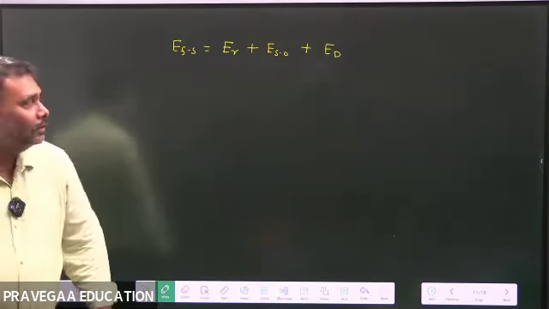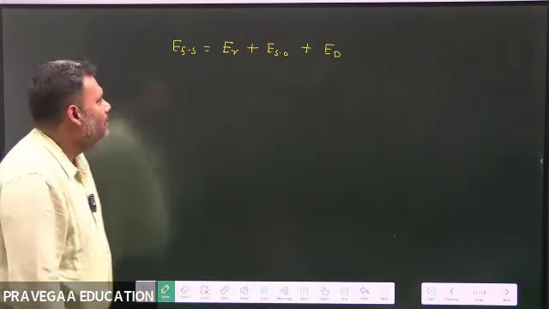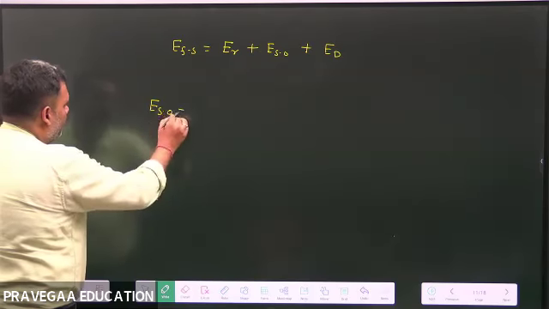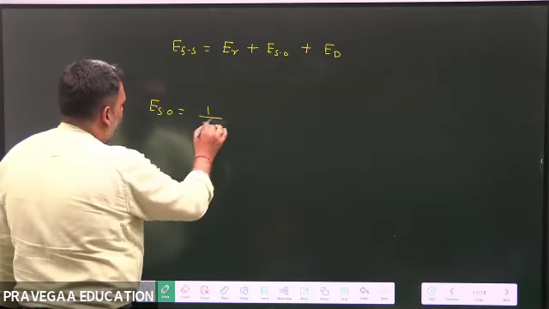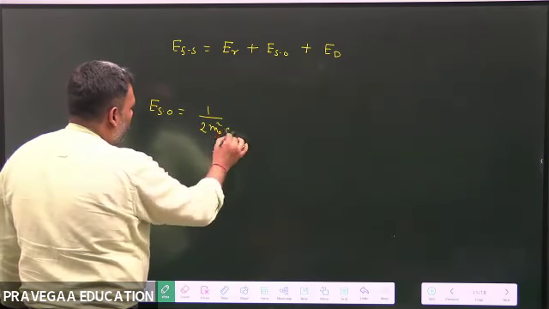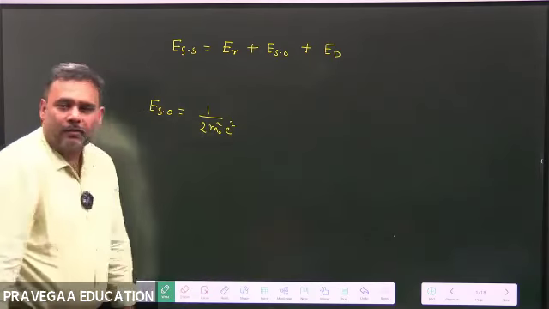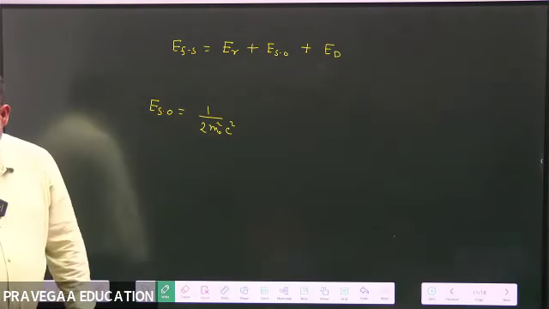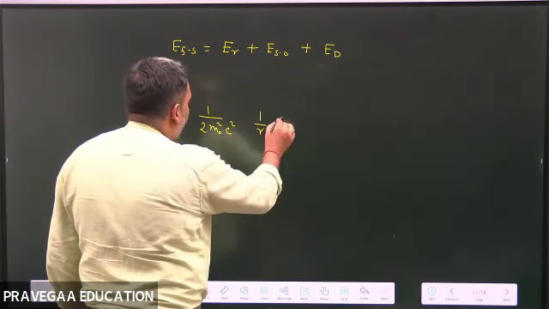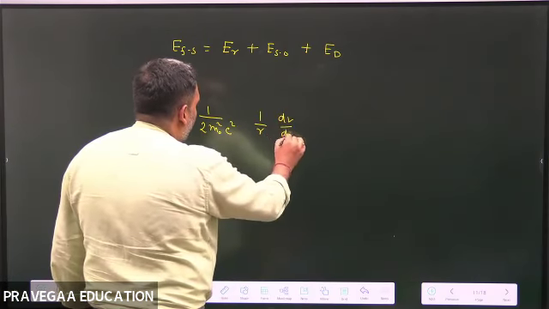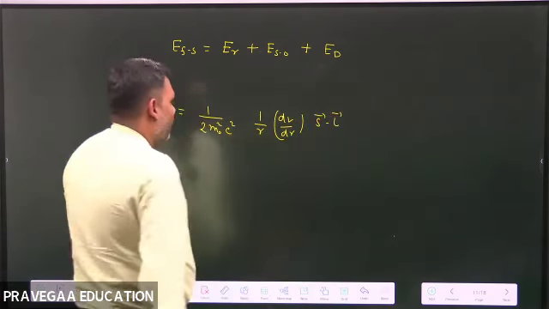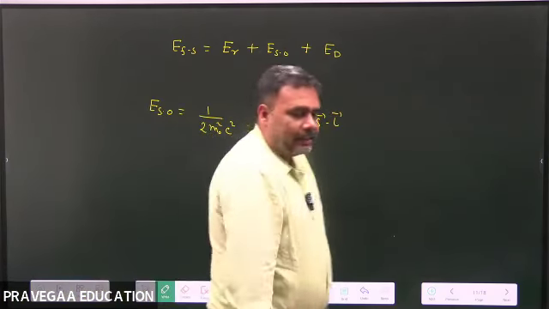We have also discussed that the spin-orbit coupling, E_SO, in a general form is equal to 1 upon 2 m naught square c square, where m naught is nothing but the rest mass of the electron, times 1 upon r dV upon dr, times S dot L.